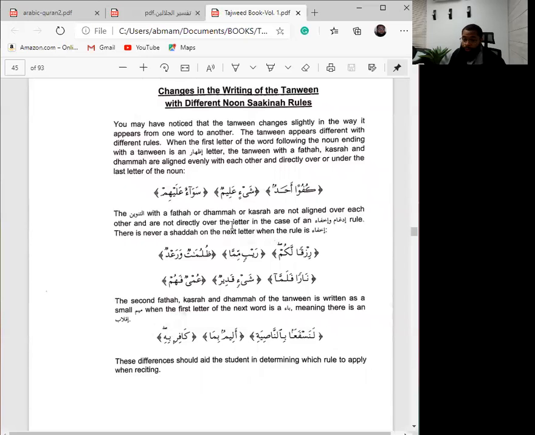The tanween with a fatha or dhamma or kasra are not aligned over each other and are not directly over the letter in the case of an ikhfa or idgham rule. There is never a shadda on the next letter when the rule is ikhfa. رزقا لكم. So the fathatain are slanted and not directly on top of one another.